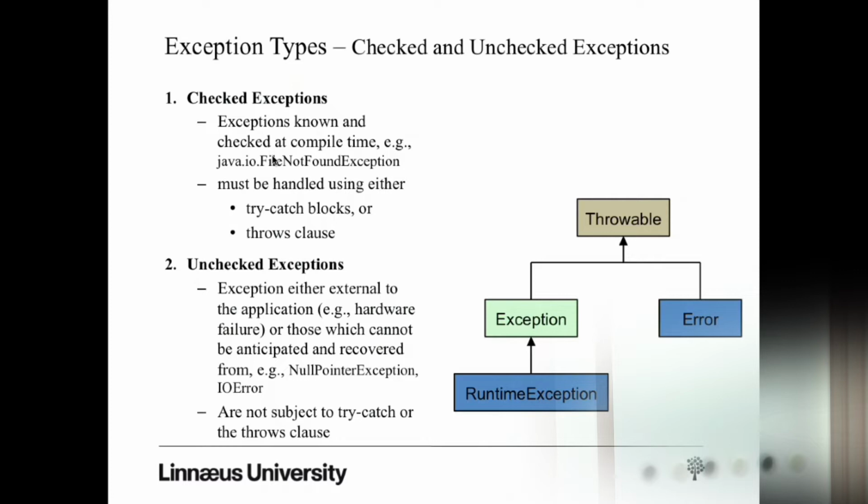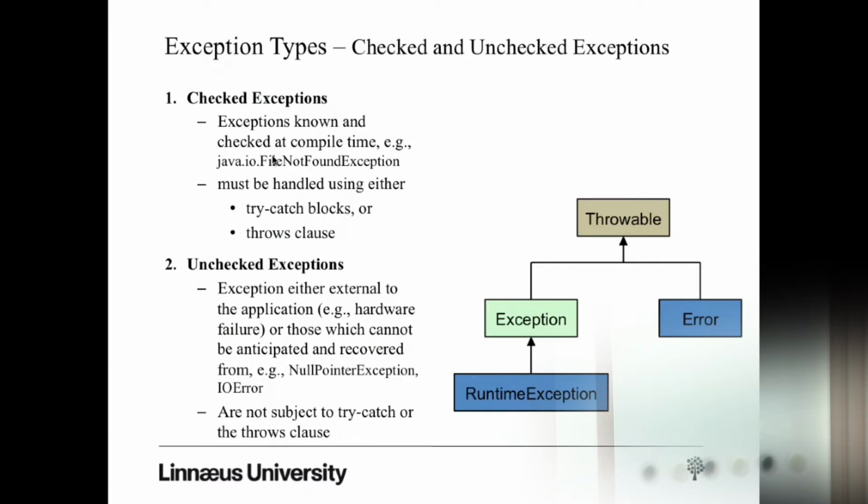But if it's something that can be handled, like if the file doesn't exist, maybe you can write something that creates a file. So in Java, we distinguish between 2 kinds of exceptions. One we call checked exceptions, and the other is unchecked exceptions.